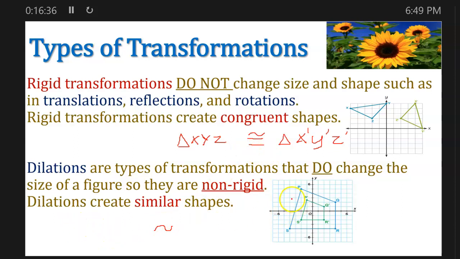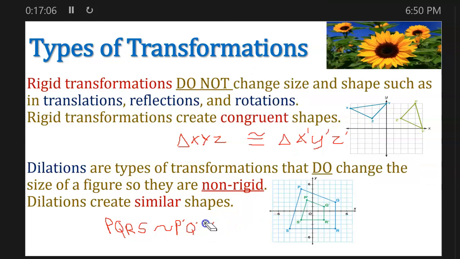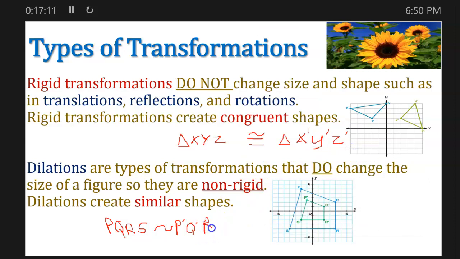So if I was going to say quadrilateral PQRS is similar to quadrilateral P prime, Q prime, R prime, and S prime. Oops, I forgot the R. See, I like to use my eraser sometimes as well.